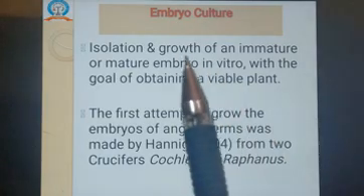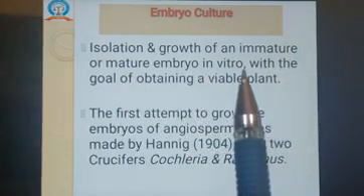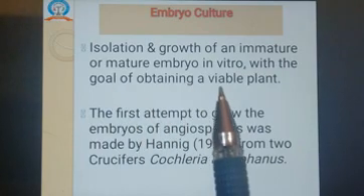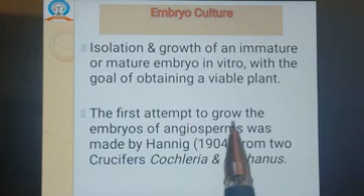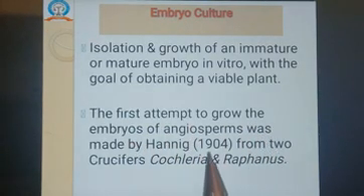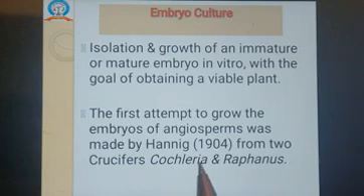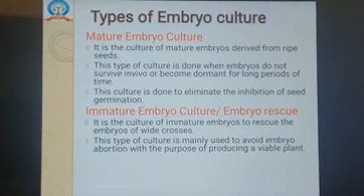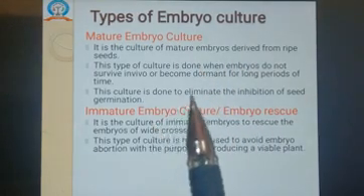So embryo culture. It is the isolation and growth of an immature or mature embryo in vitro with the goal of obtaining viable plants. The first attempt to grow the embryo of angiosperms was made by Hanning in 1904 from two crucifers, Cochlearia and Raphanus. These are the types of embryo culture: mature embryo culture and immature embryo culture.